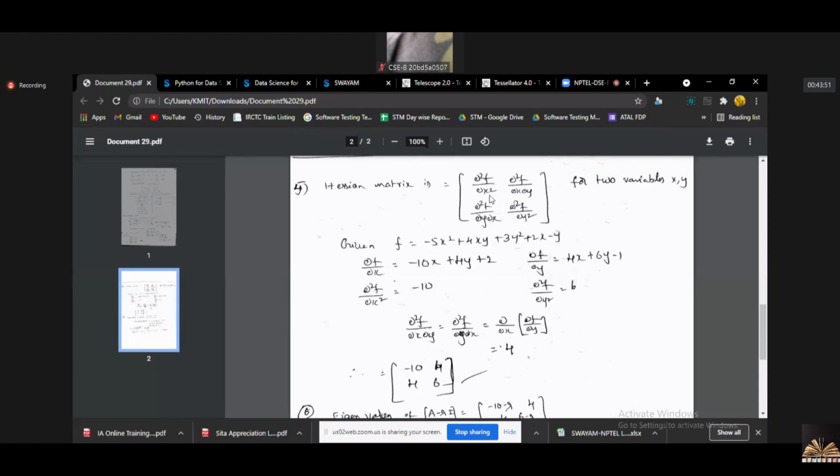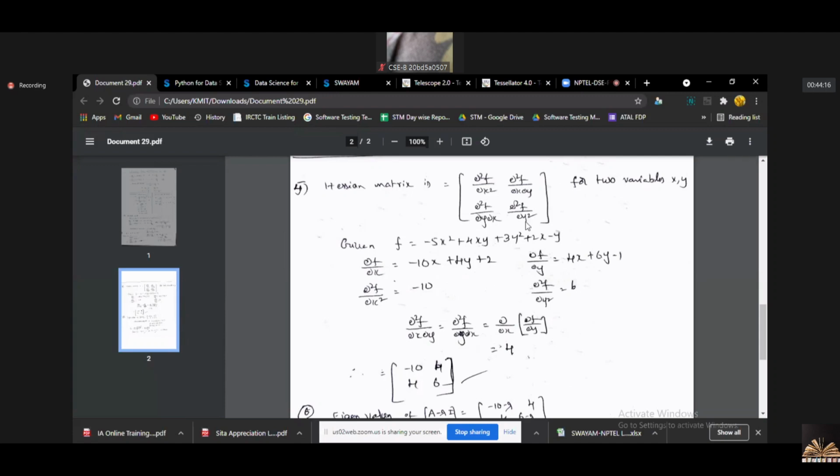So now in this matrix form, we need to write what we got: dou square f by dou x square is minus 10, dou square f by dou x dou y is 4, and similarly dou square f by dou y dou x is 4 here. Most of the time this will be the same.